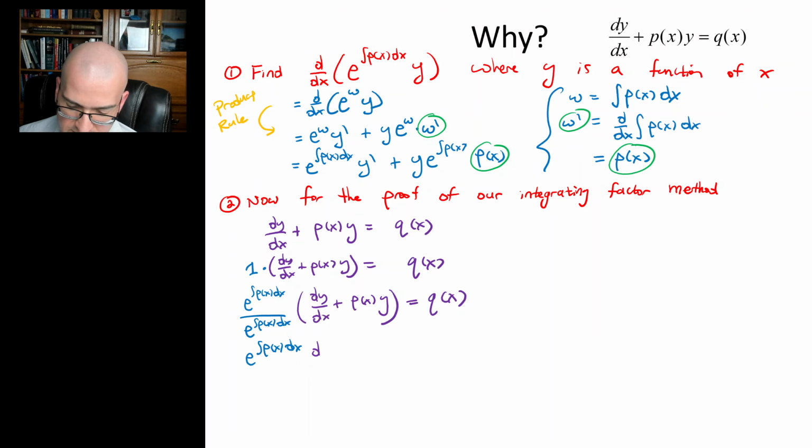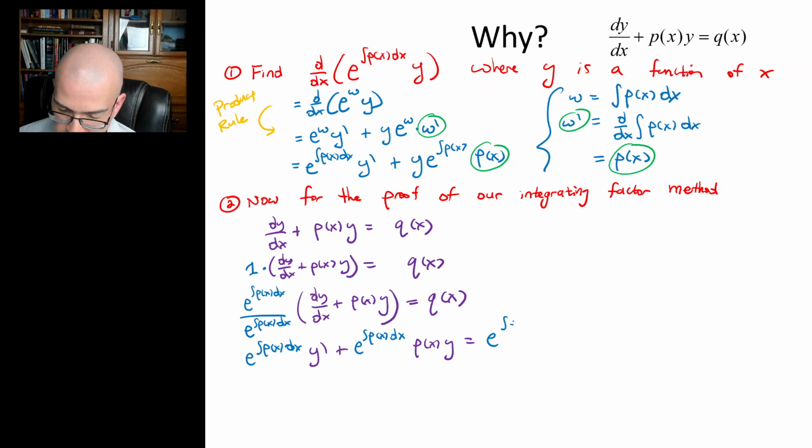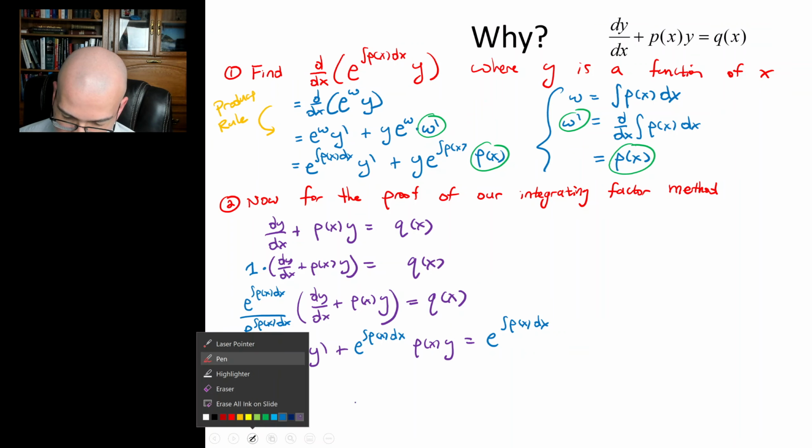I'll call it y prime, same thing, just less fraction-y, plus e to the integral of p of x dx times p of x times y is equal to e to the integral of p of x dx times q of x.